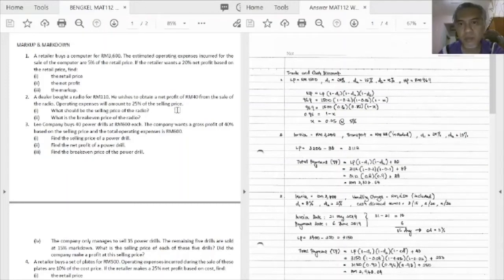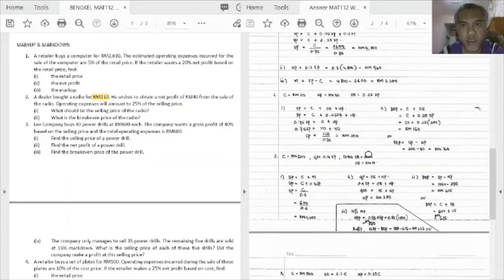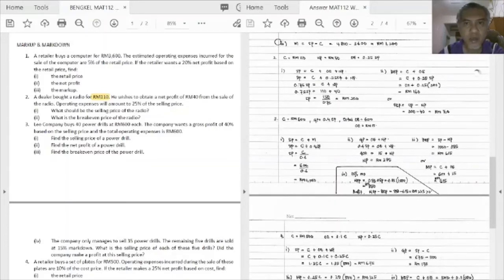Before we solve the problem, as I mentioned earlier, in order to solve the problem you need to find the given information first. In this case, the first number that you see is 110. It says a dealer bought a radio for 110 ringgit, so the cost of the radio is 110 ringgit.